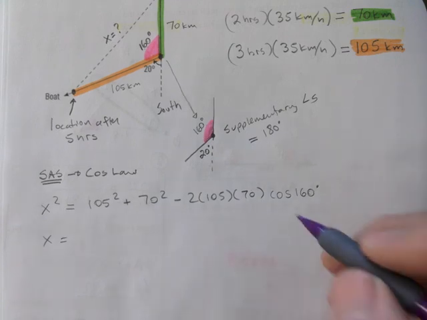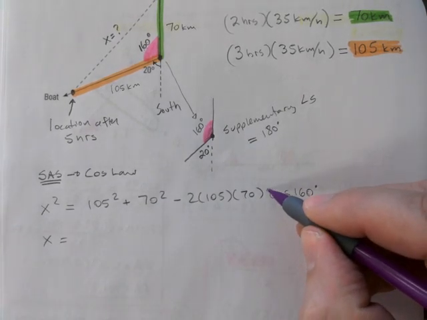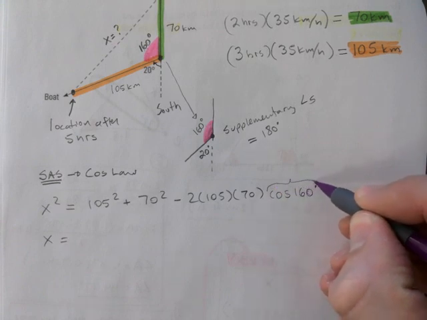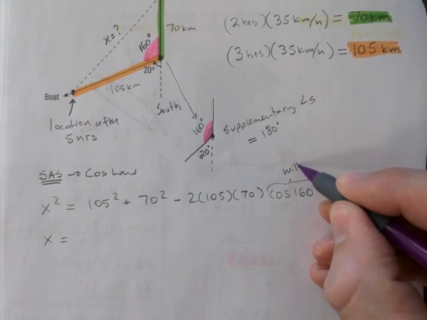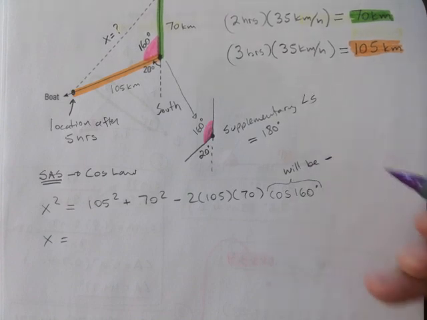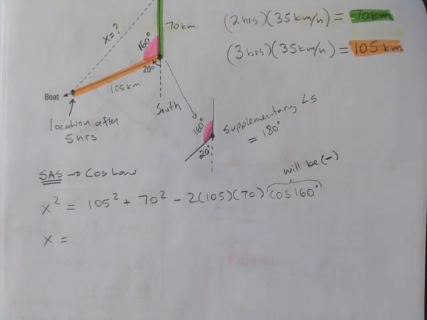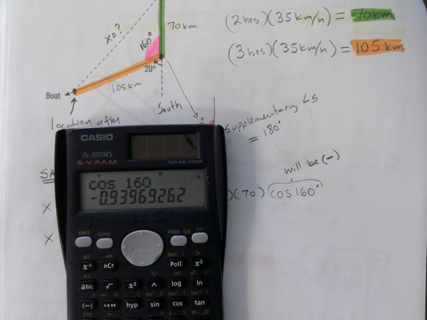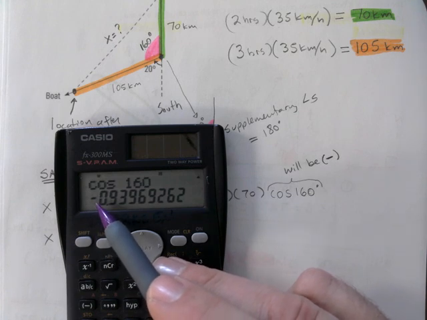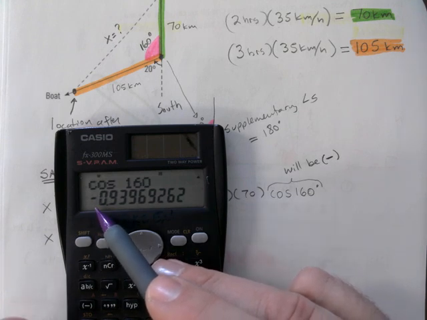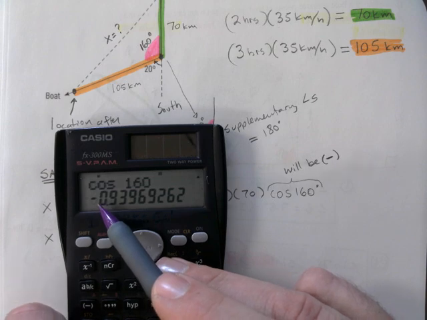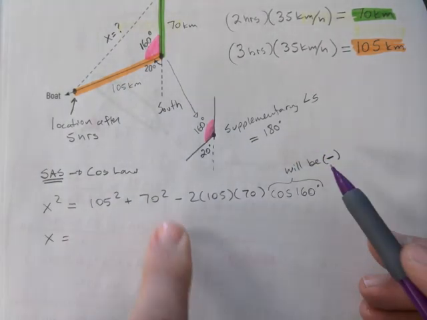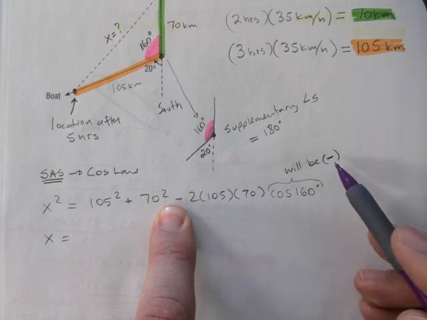Because let's put this in our notes. This chunk right here will be negative, right? Cosine of 160, if you have your calculators, cosine of an obtuse angle gives you a negative, which means that if you do this in chunks, this negative meets this other negative.